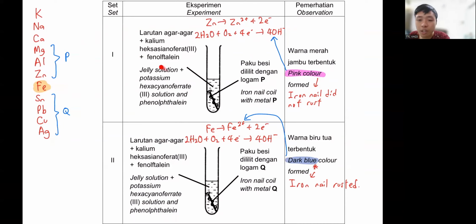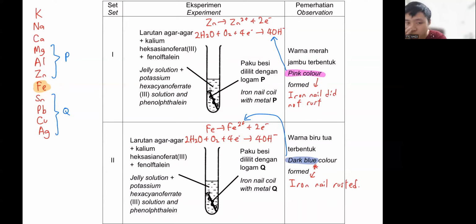Now, how to know which metal? Sometimes they ask you to suggest metal, like now. So this is Fe. You have to remember the electrochemical series. If the metal is below Fe, then it will rust, because below you cannot protect Fe. But on top you can, because on top is stronger, so you can protect Fe.